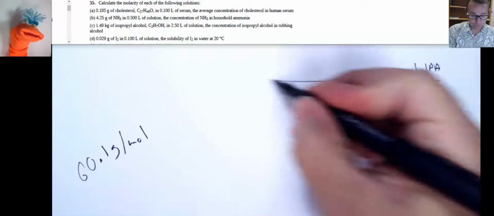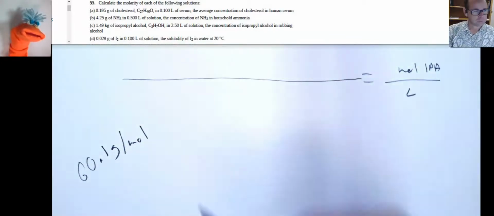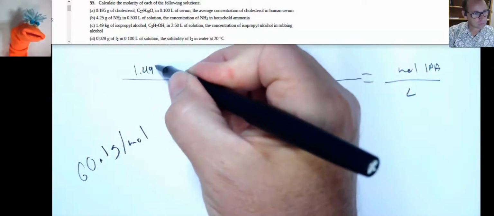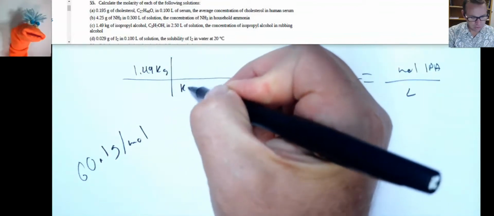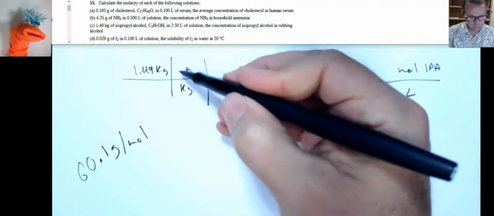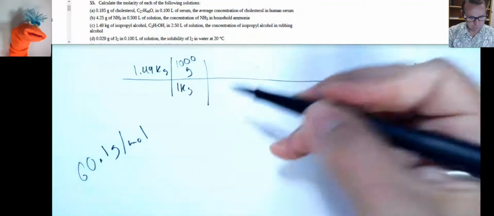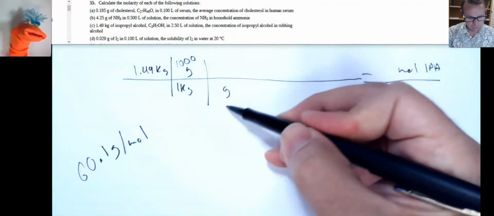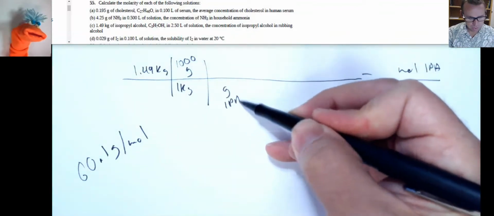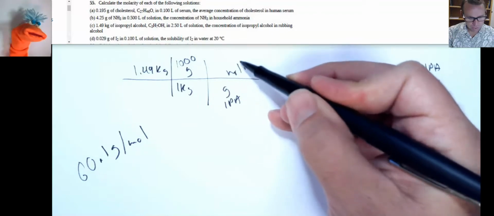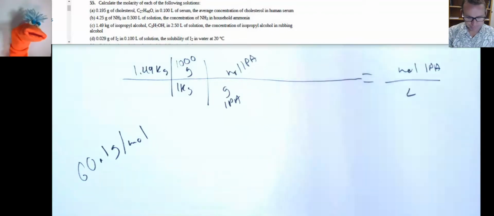All right. I can go from kilograms to grams, 1,000 grams for every 1 kilogram. Grams of isopropyl alcohol to moles of isopropyl alcohol, IPA.